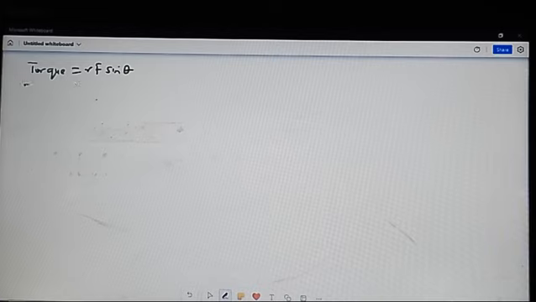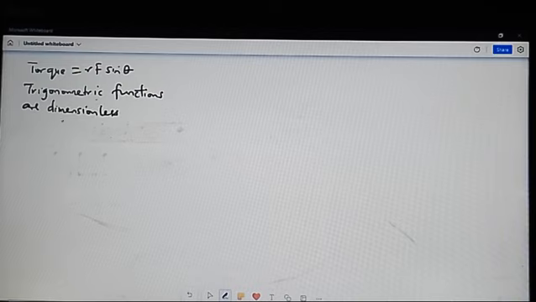But trigonometric functions are dimensionless, meaning they don't have dimension. So we are going to focus on just R and F. R is equal to radius, F is equal to force.